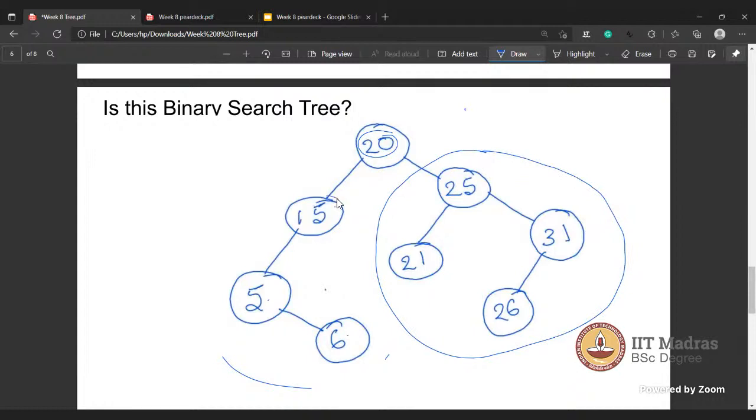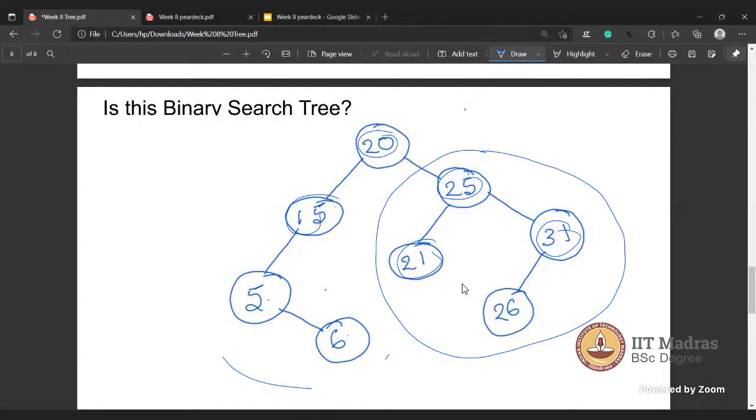And we have to check their children also like this. So we don't need to search the whole tree, just half of the tree needs to be searched. So we have to check each node to see that they satisfy the BST condition.